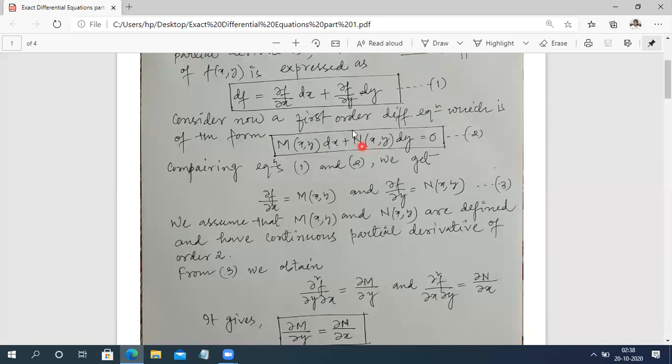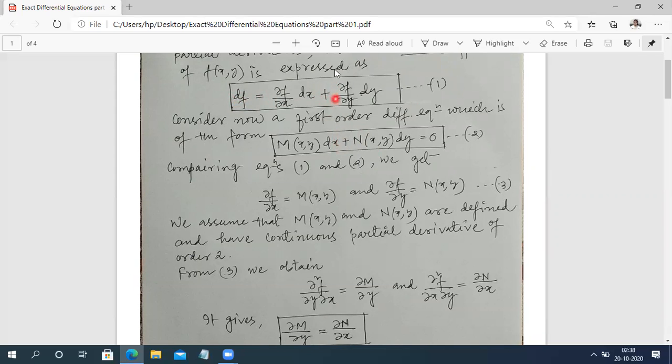Now if we compare these two equations 1 and 2, you can see that in equation 1 the left hand side df is also equal to 0, because df = 0 is the exact differential equation.